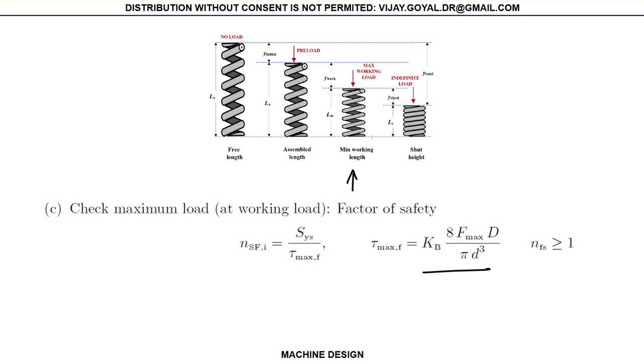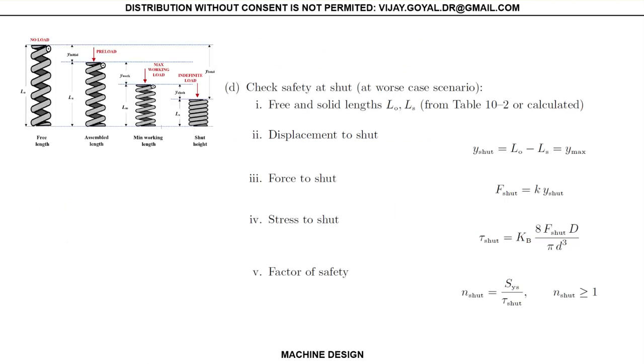As usual, we always do this analysis. You will not only do this at the working load, you also have to check what happens at shut. At shut, you have to do a couple of things. You need to find your L sub 0, and find these dimensions from table 10.2 or calculate them.